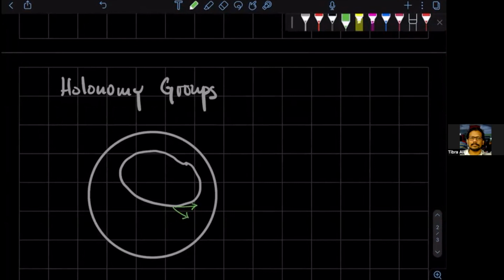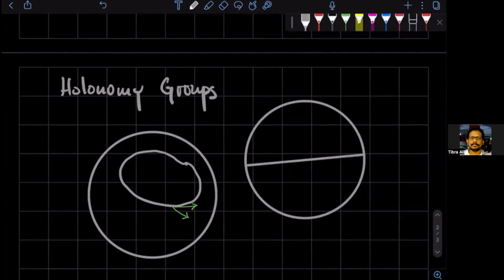So essentially what I mean is something like this. Let me be more specific about the parallel propagation. So this is the sphere, and suppose this is some triangle on the sphere.